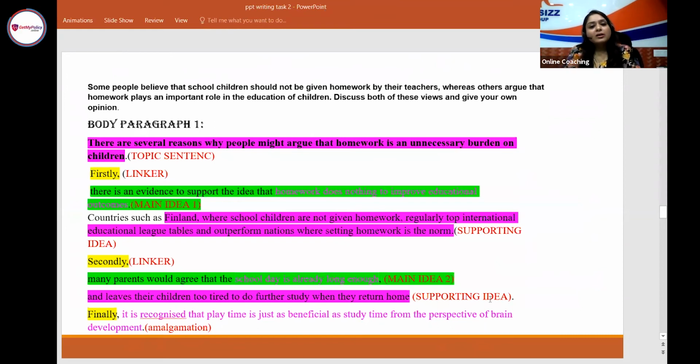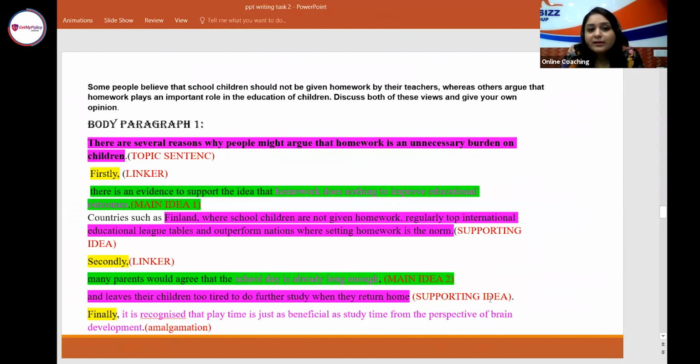Although homework is not given to the students, still in that country the literacy level is so high. Okay, so you have supported it. Why do you think that it doesn't give improvement to the educational outcome?